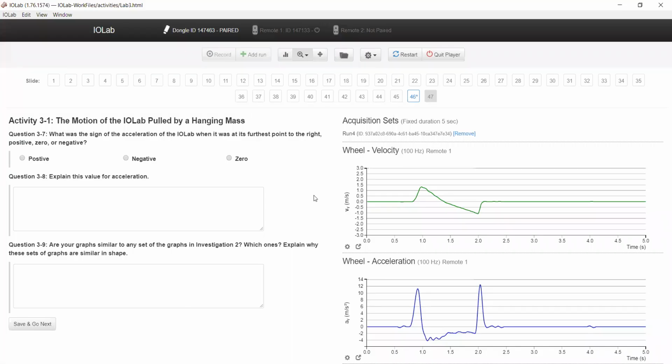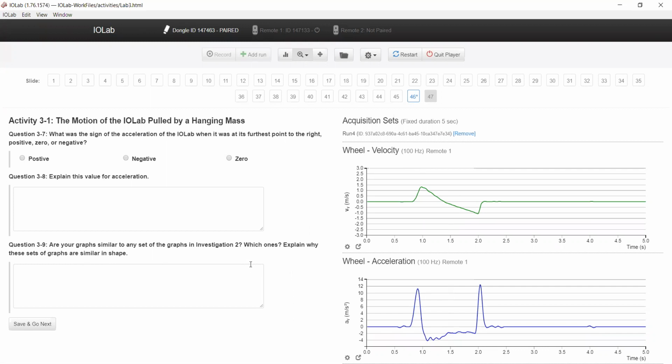Okay, that brings us to our second last slide. What was the sign of the acceleration when the IOLab was at the furthest point to the right, at the turning point? You can see the value here; explain this value of acceleration based on the rate of change of velocity. Are your graphs similar to any set of graphs in investigation 2? Which ones? Explain why.